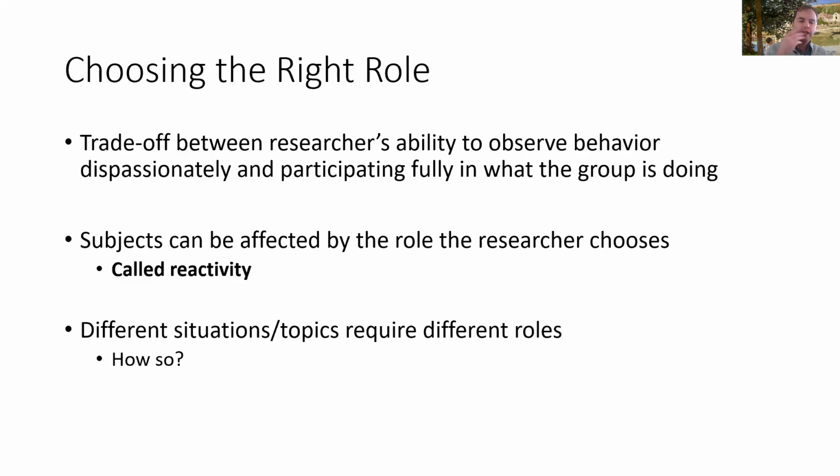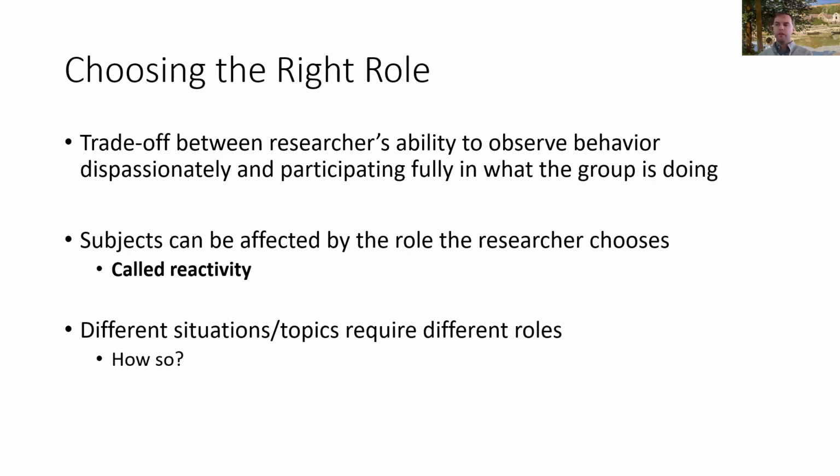So the way that you would choose how to do this is, first and foremost, you have to understand what you're choosing between, okay? Because each of these different options has a trade-off between the researcher's ability to observe the behavior as dispassionately and as ethically as possible, but also participating fully in what the group is doing, either by participating in social roles or experiencing different rituals, is a very valuable perspective.